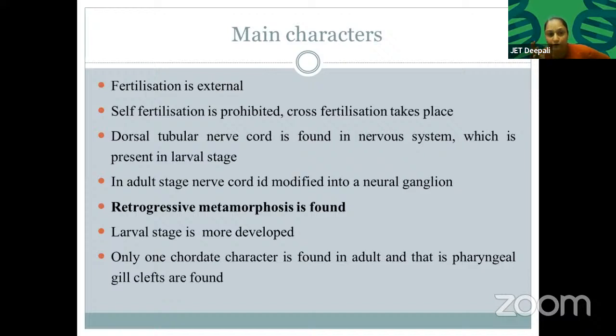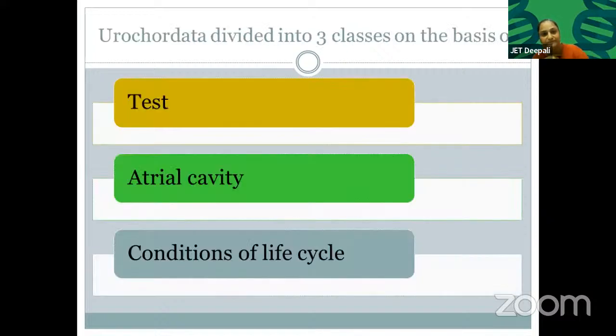Only one chordate character is found in the adult, and that is pharyngeal gill clefts. Otherwise, they have a neural ganglion as the nervous system; the nerve cord is not there. Only one character, pharyngeal gill clefts, is present.